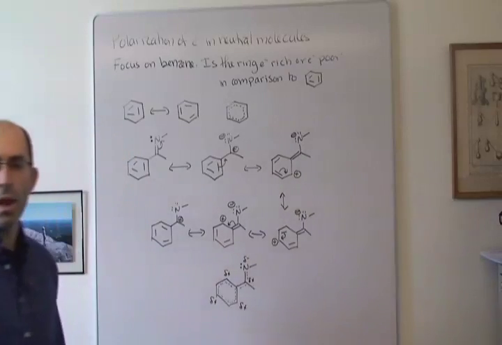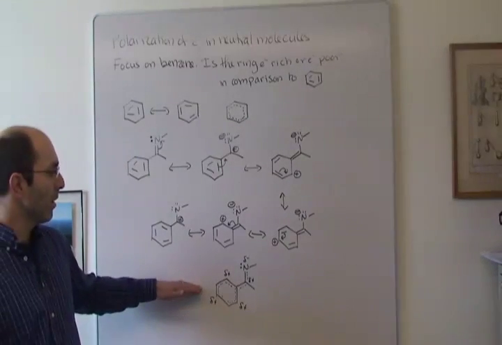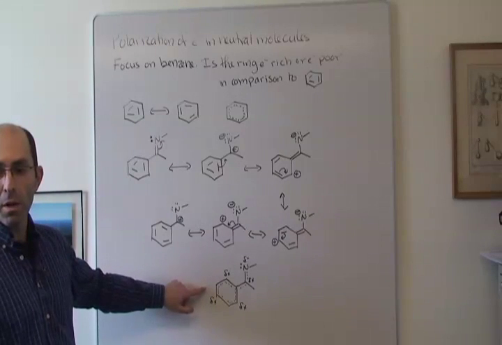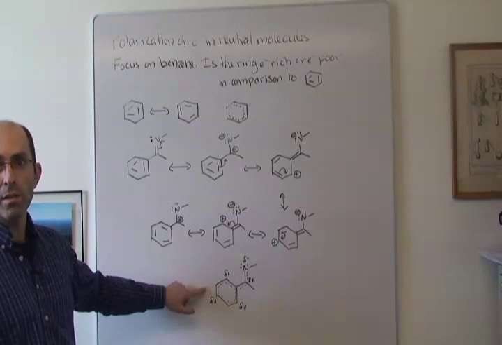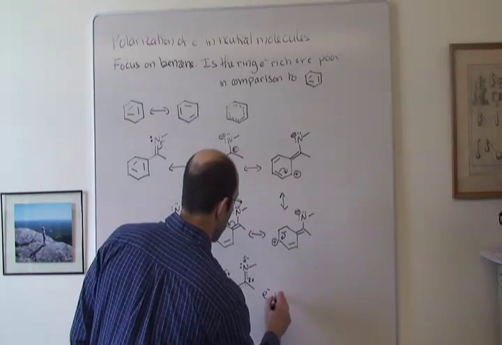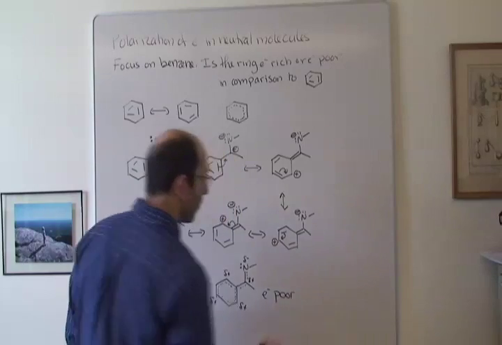And the key point now is that if we compare this molecule to benzene itself, we can see that this molecule is going to be electron poor. And that's going to have important implications for how this molecule will behave. All right, so this is electron poor versus benzene.